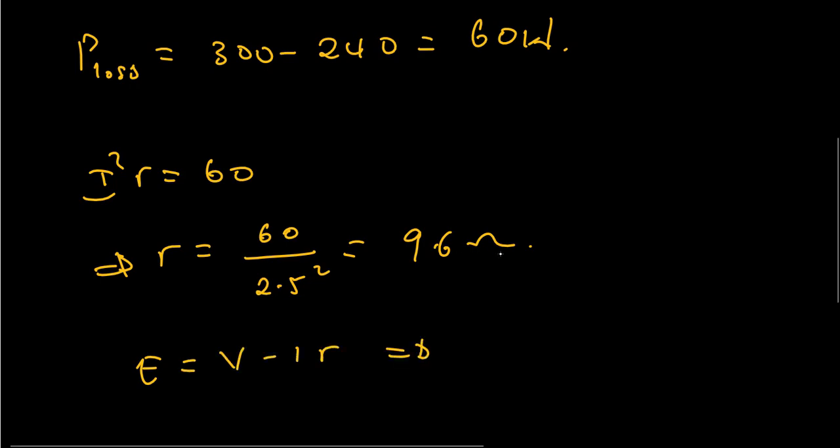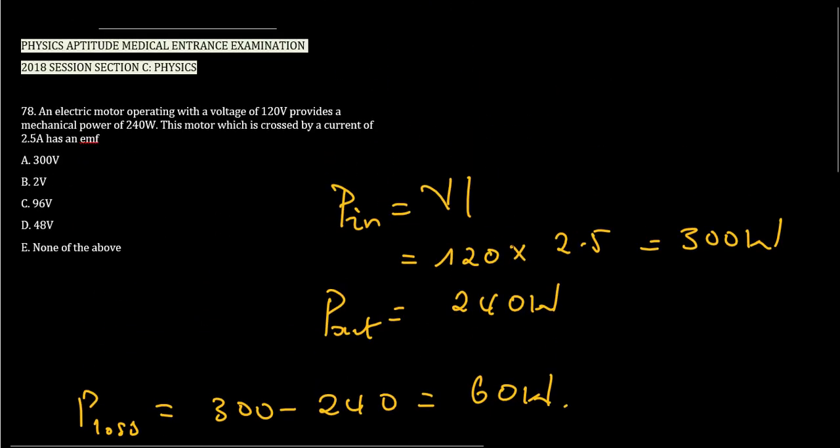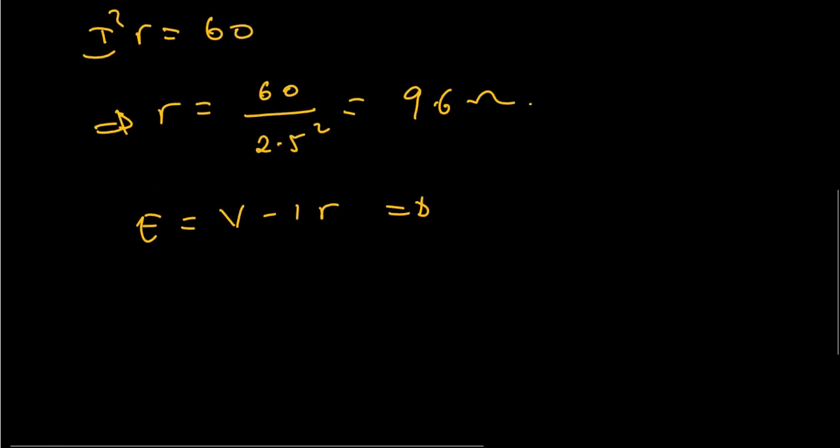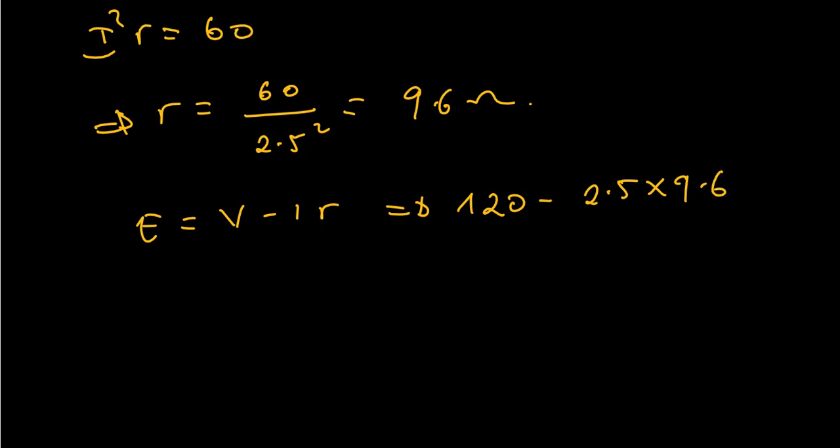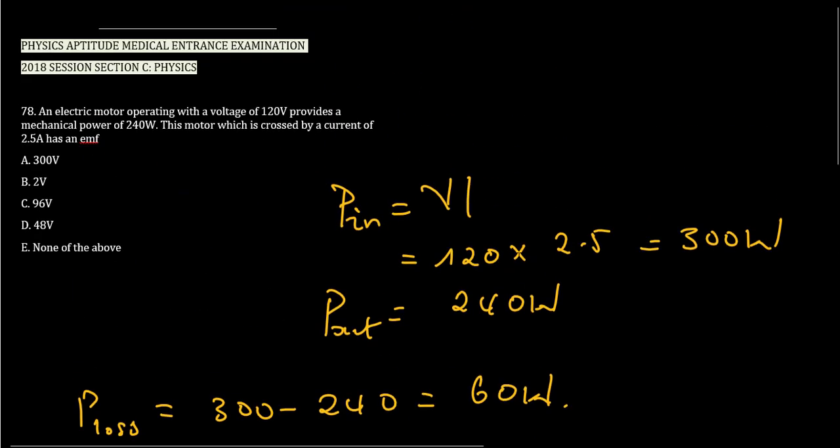This means we get the initial voltage, 120 volts, that's V in, minus IR, that's 2.5 times 9.6. So 120 minus 2.5 times 9.6 will give us 96 volts. So it means the correct option is option C.